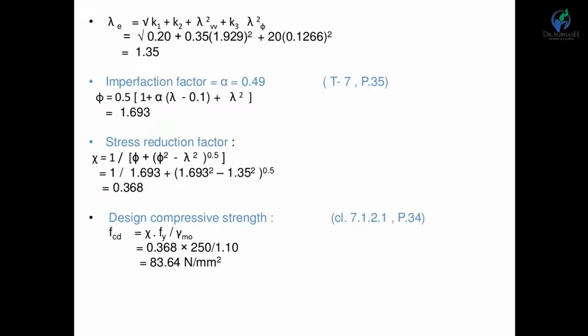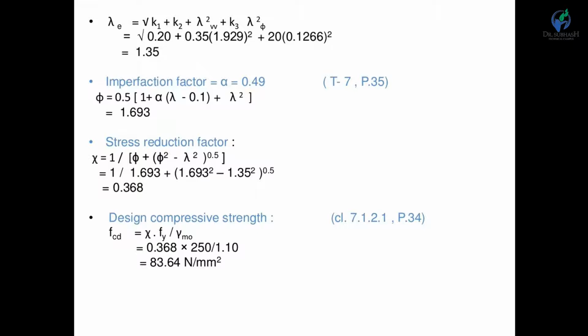After finding lambda VV and lambda phi, we find the effective slenderness ratio lambda E. The equation is the square root of K1 plus K2 times lambda VV square plus K3 times lambda phi square. K1, K2, K3 are constants given in Table number 12 in IS 800. Lambda VV and lambda phi we already calculated.